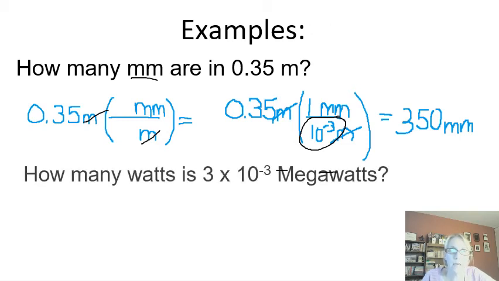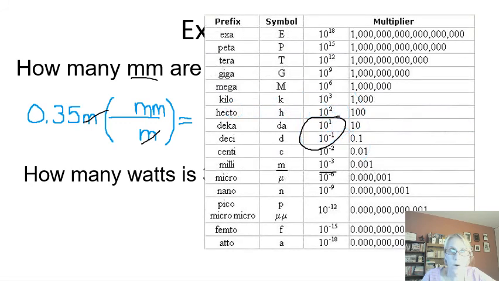All right, here's another one. So let's use watts as our base unit. So we've got 3 times 10 to the minus 3 megawatts. So let's look on our chart for mega. So mega is up here. So 1 megawatt is going to be 10 to the 6 watts.